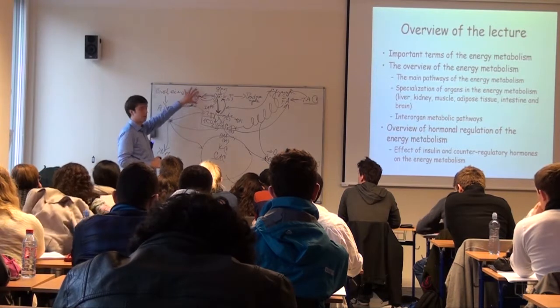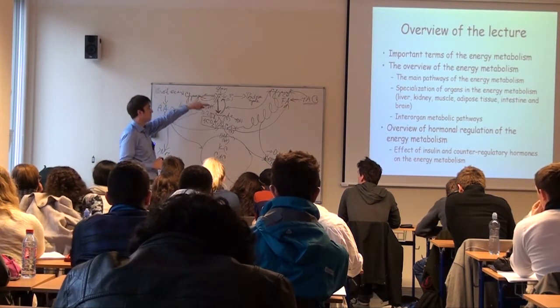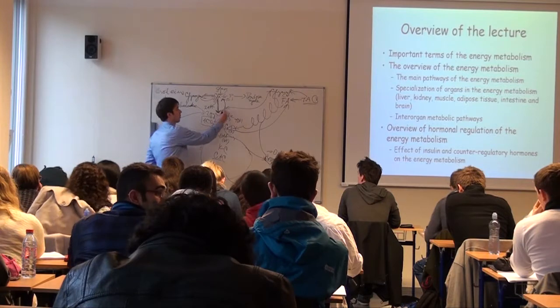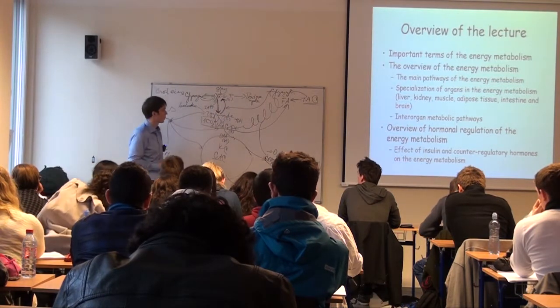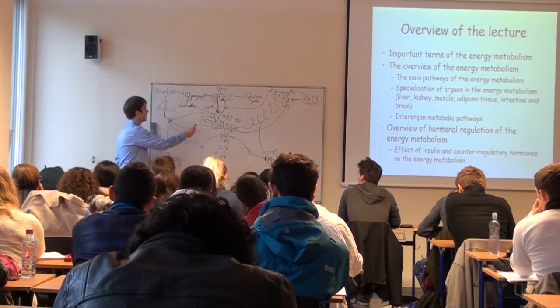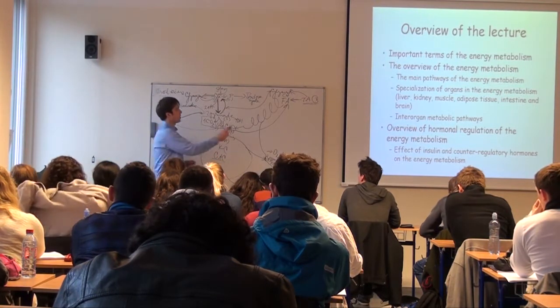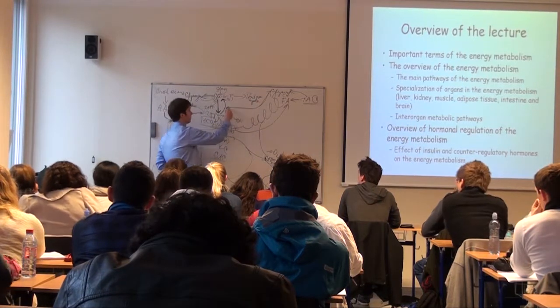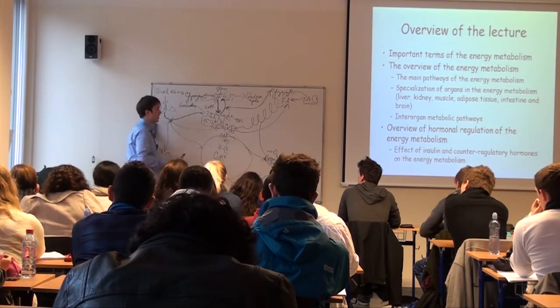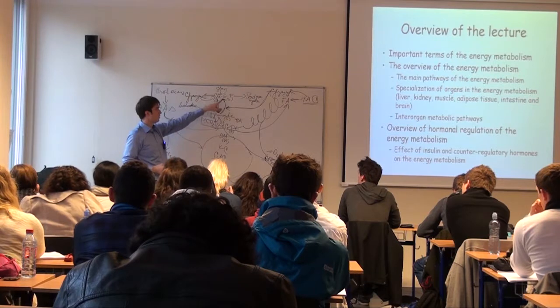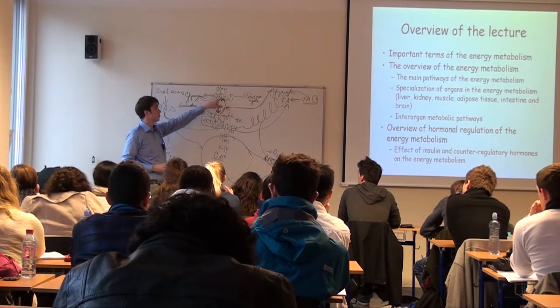But if you have no glycogen in liver, then we have another pathway to produce new glucose. You take, for example, some amino acids, or some glycerol, or pyruvate, and in the process of gluconeogenesis, you produce new glucose 6-phosphate and new glucose.